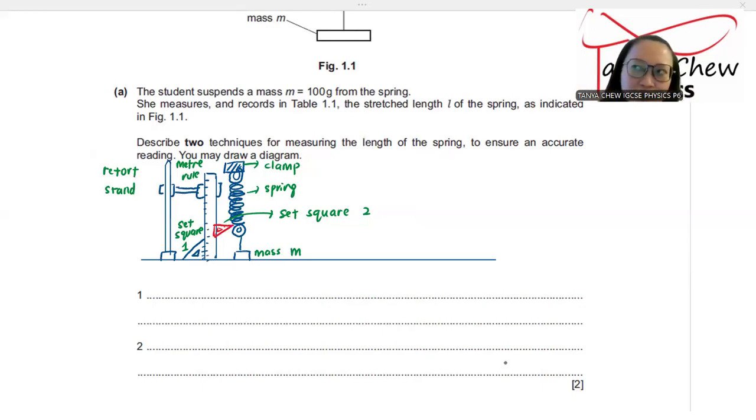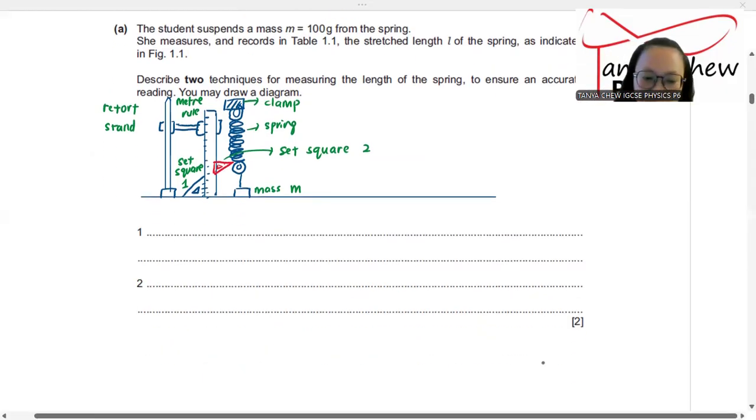I just want to make sure that my readings are accurate, so I need to make sure that the ruler is vertical. That is why I am using set square 1. And then, since there is a distance between the metre rule and the spring, I need a guide. I cannot depend on the air. I cannot just guess the reading on the metre rule. That is why I am using set square 2 as a guide to the readings on the metre rule.